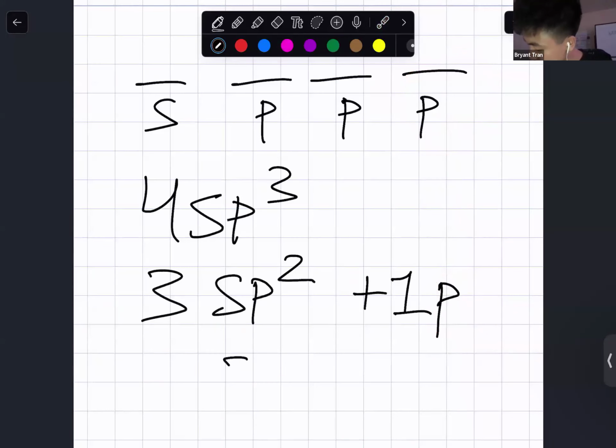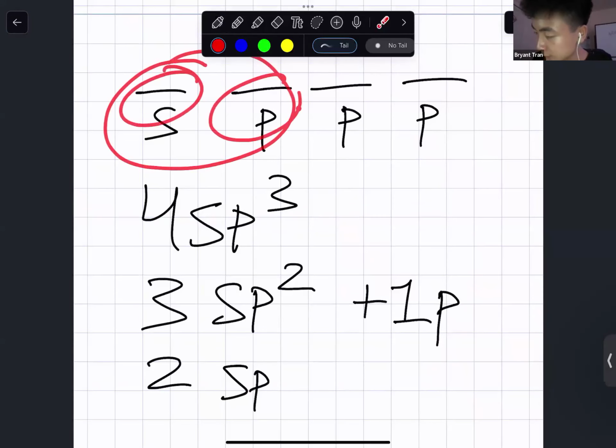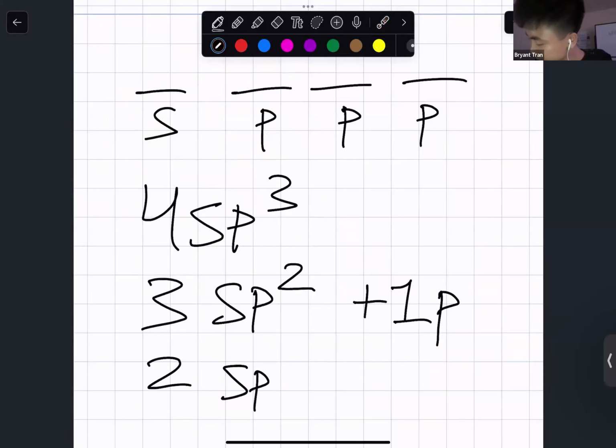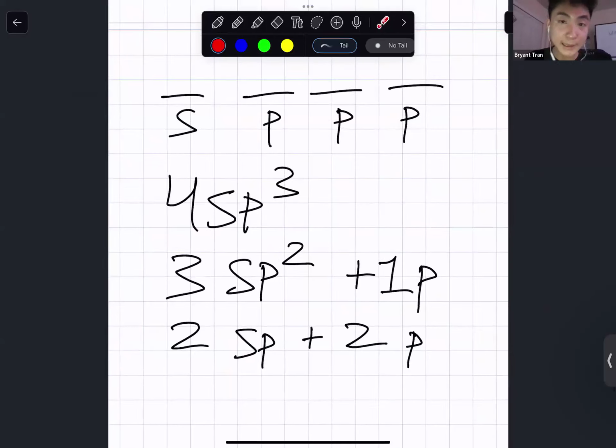Now, if something is sp hybridized, that's going to be 2 because we're only combining s and p right there like that, plus 2 p orbitals right here, because we didn't combine these 2 p orbitals there, right? Does that make sense so far, Amanda? Any questions on this?